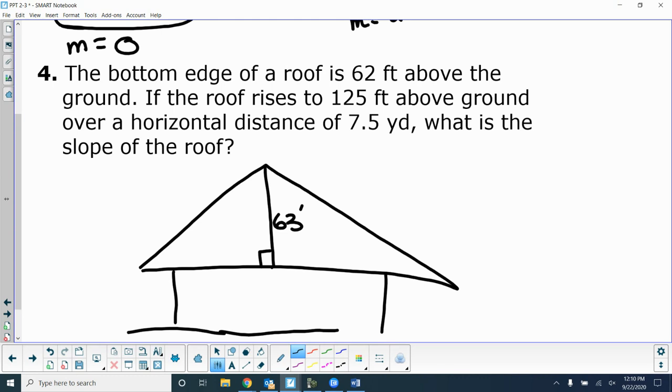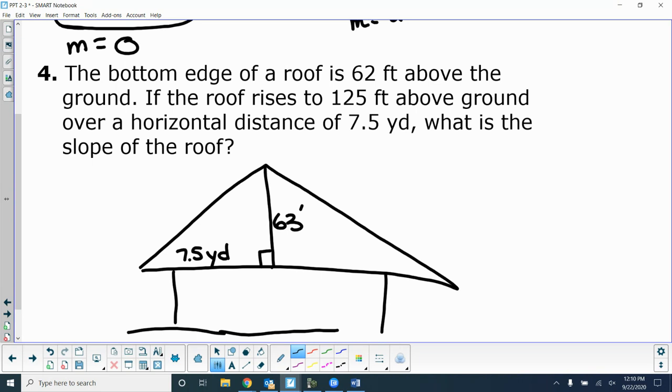So it's from the lower edge of the roof to the top, 63 feet, and then it goes 7.5 yards. So rise over run, it's just 63 over 7.5, right? Yes, no, maybe? Actually, no, why?